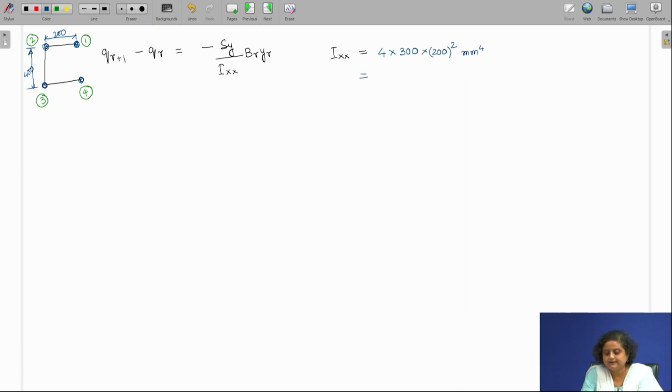If we find, this is going to be 48 into 10 to the power 6 millimeter 4.